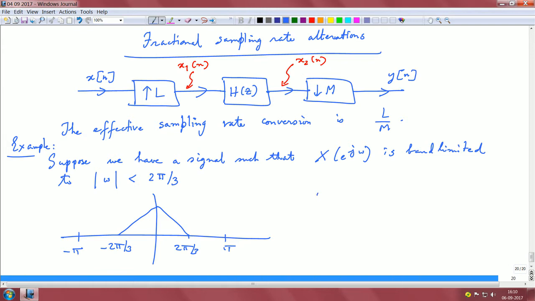Suppose I decimate by 2, right. If we decimate by 2, this results in aliasing, right, because this 2π by 3 will stretch itself to 4π upon 3.